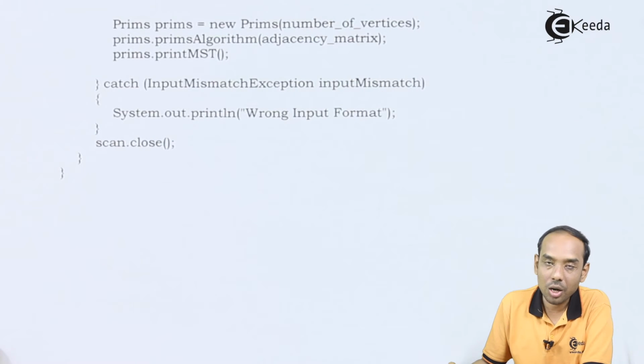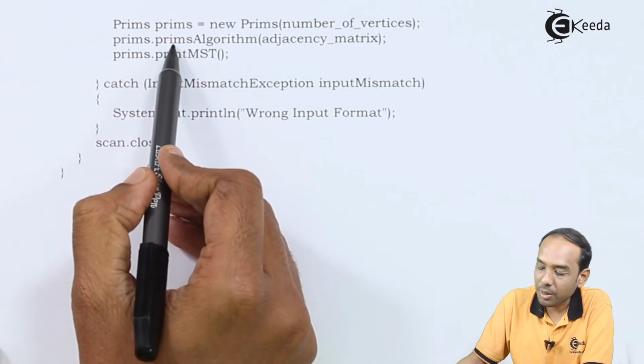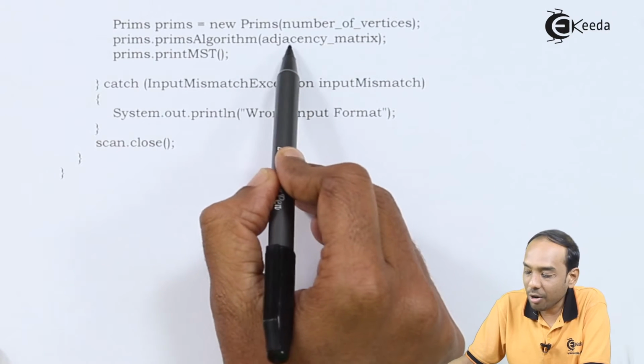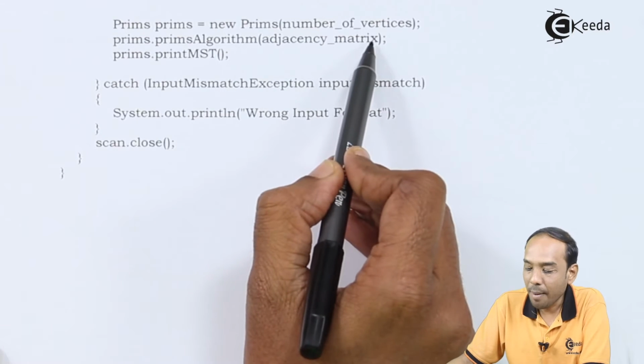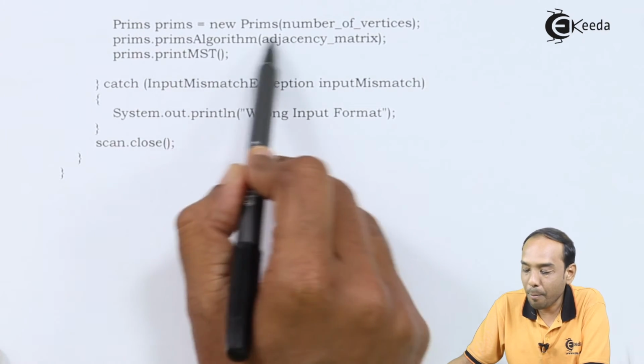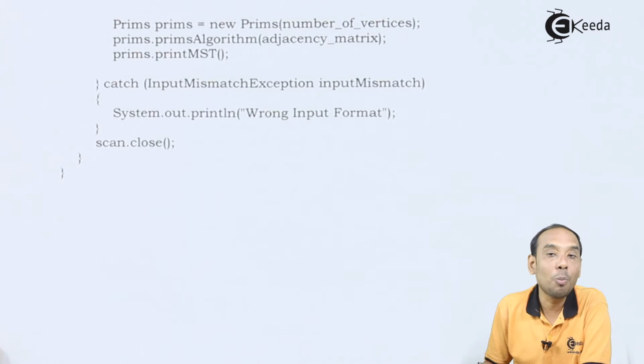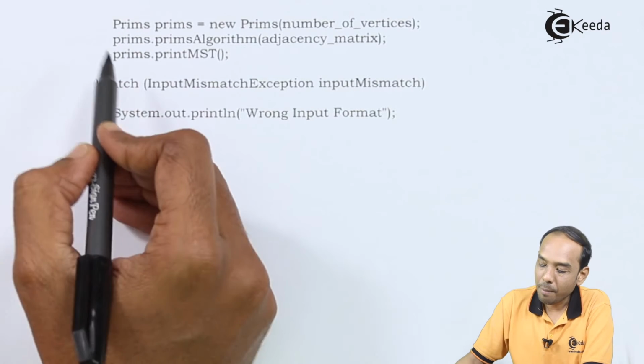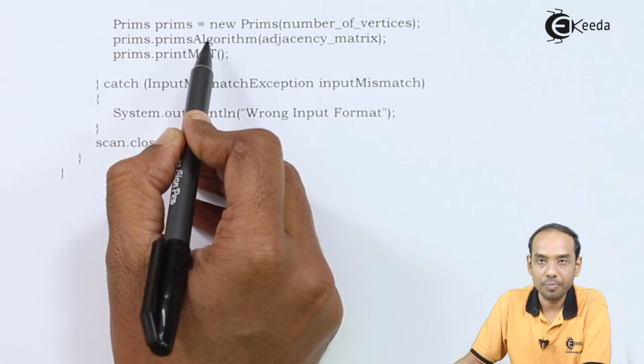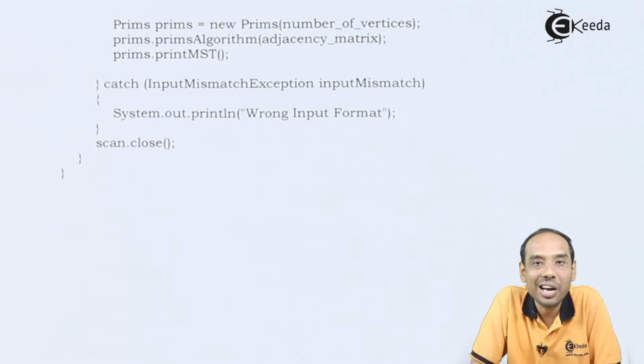Then we call the particular function, that is the Prim's algorithm. Now the parameter of this is going to be your adjacency matrix. Once we are done with Prim's algorithm, we need to print the minimum spanning tree. We have written the logic for the minimum spanning tree into the function called printMST. We call prim.printMST. So we are done with the try block.